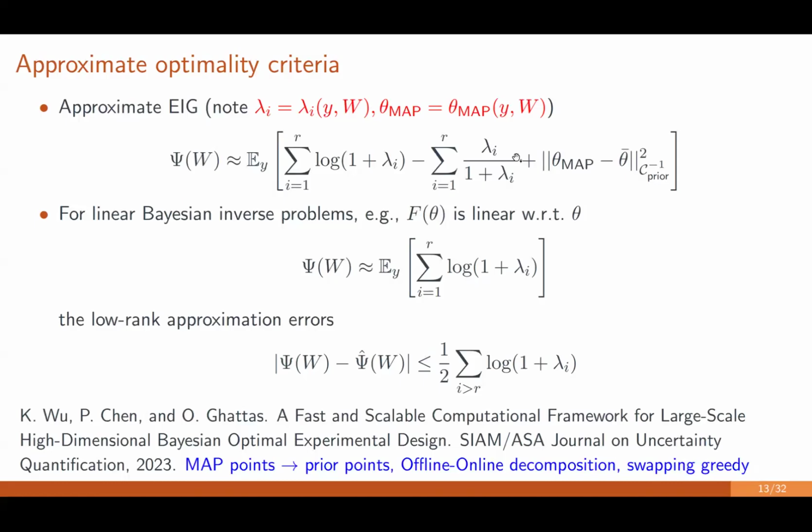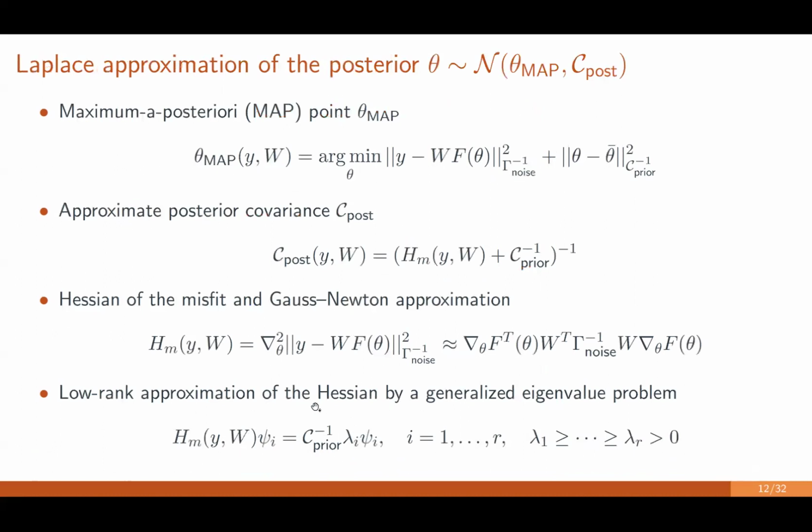With this prior points approximation, we also performed some offline online decomposition, because we still need to evaluate these eigenpairs by solving eigenvalue problems. By properly rearranging this term, we can pop out this design matrix, and then we only need to solve a small number of generalized eigenvalue problems.